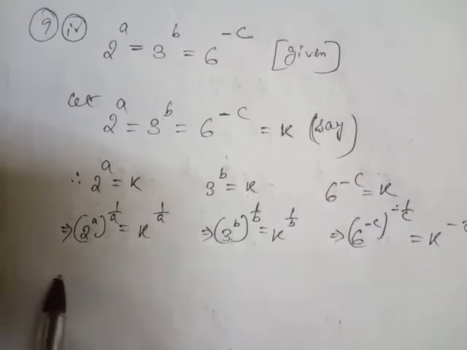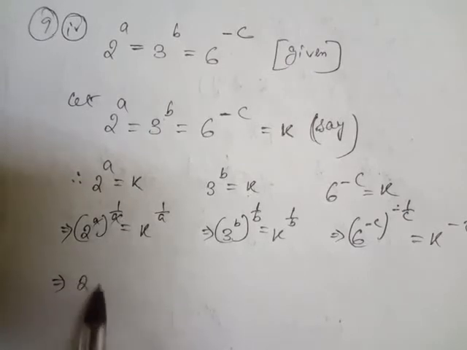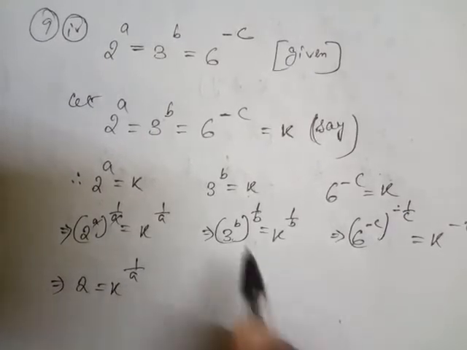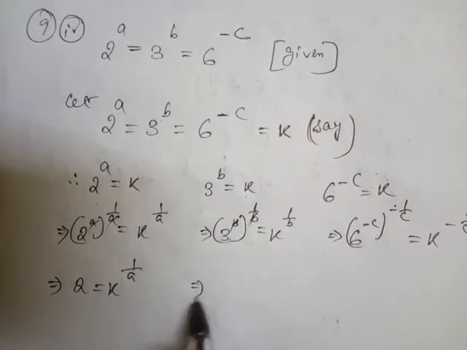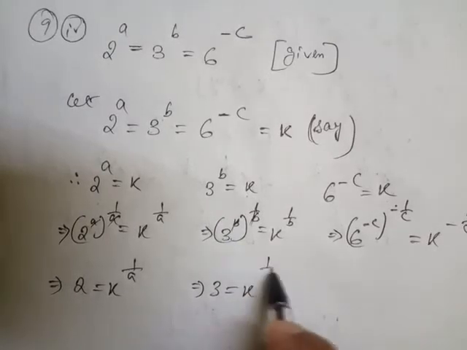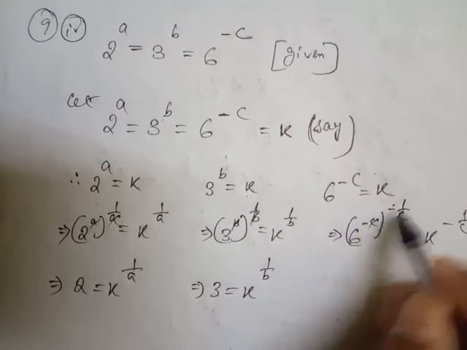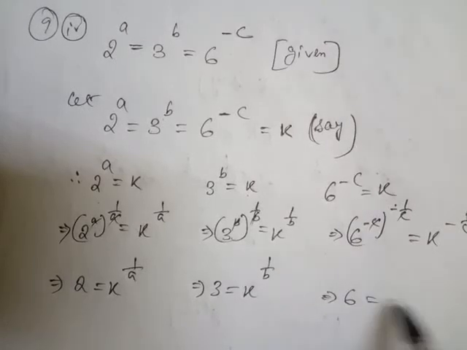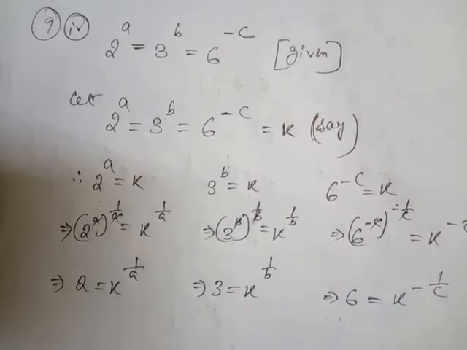So here these cancel. There is 2 equal to k to the power 1 by a. b and b cancel, so 3 equal to k to the power 1 by b. c and c cancel, minus minus plus, so 6 equal to k to the power minus 1 by c.